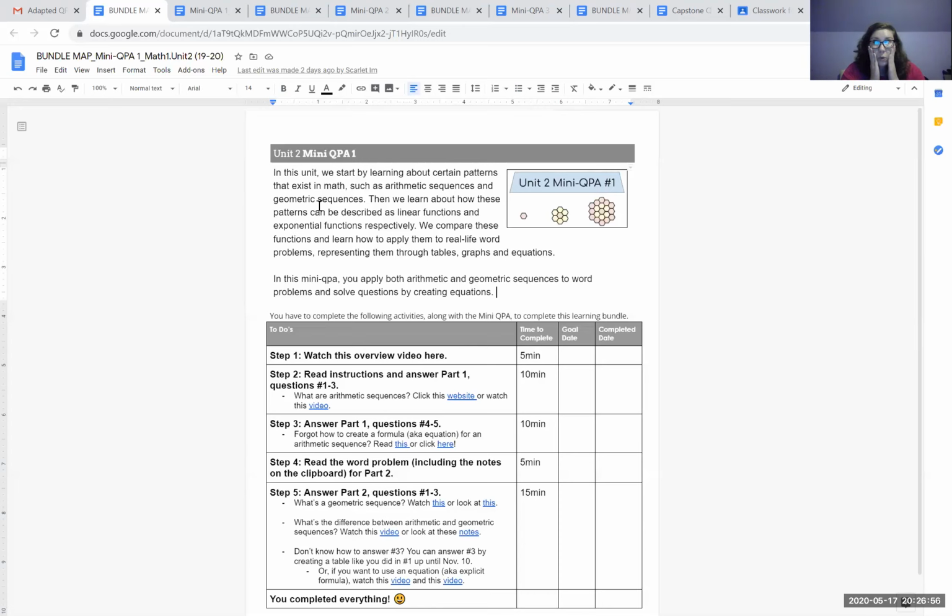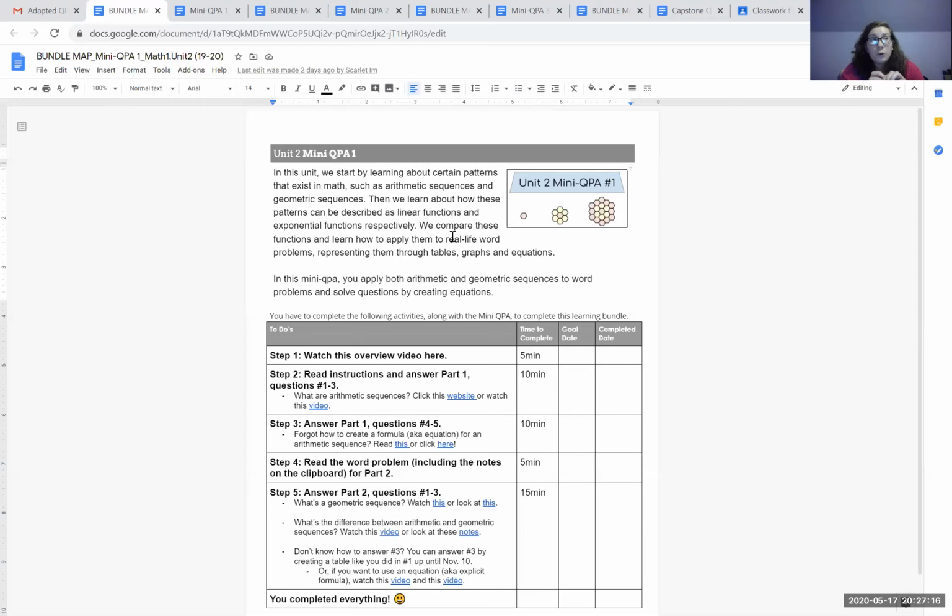So we're going to be going over more notes with that. Don't worry if you don't get it right away. It's okay. And once you get those patterns down, you're going to be relating them to real life issues. If you remember, there was a mini QPA and a QPA that focused on zombie apocalypses.